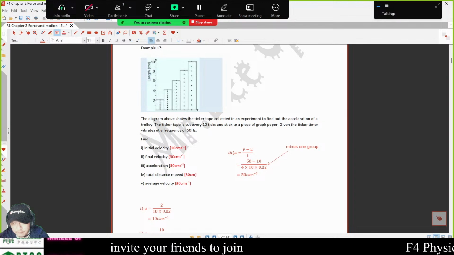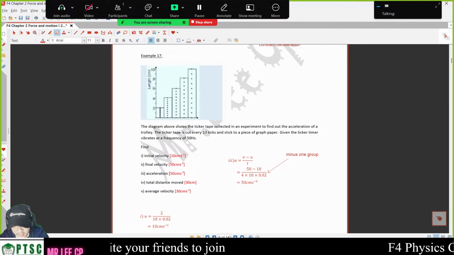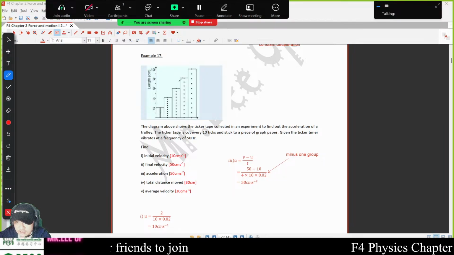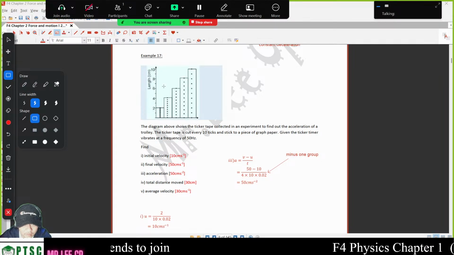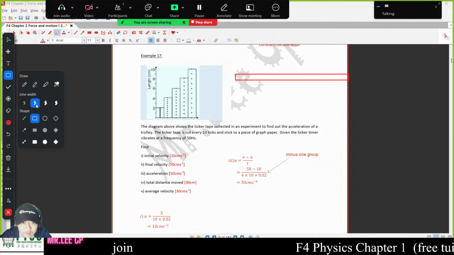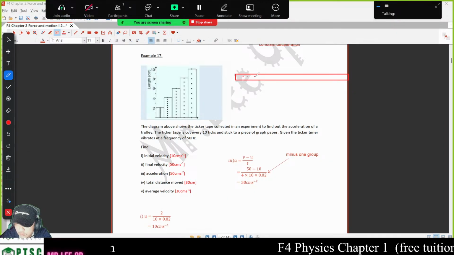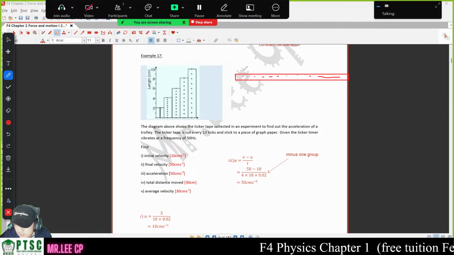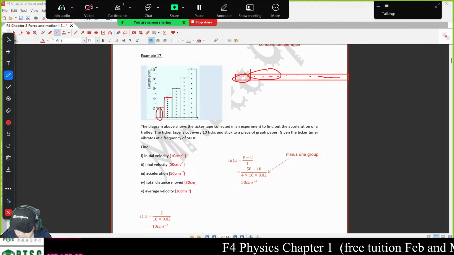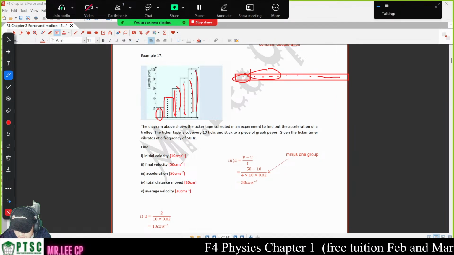Okay. Now, acceleration already. Total distance moved. As I told you just now, this ticker tape is collected from the trolley when the trolley is moving, right? So the trolley is moving this way. You collect here, you stick to here. Here, you collect, and then you stick to here, here, here, here. Right?